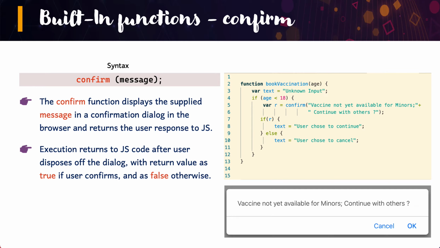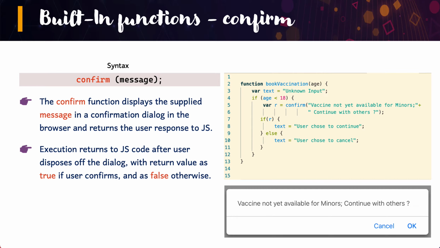The buttons can be yes no or okay cancel, and the ordering of okay and cancel could be different based on the operating system and the browser that is being used. Again, once this function is called, the execution remains suspended in JavaScript until user dismisses the dialog by clicking at least one of the buttons.